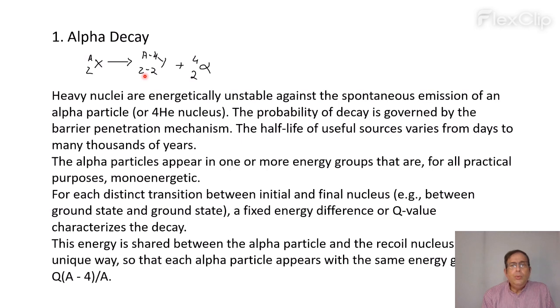And this Q value is shared by the recoiling nucleus Y and the alpha particle. And this sharing is always unique. So alpha particle always gets an energy Q times (A minus 4) divided by A, that is the Q value of the reaction into A minus 4 divided by A, where A is the mass number of the parent nucleus.